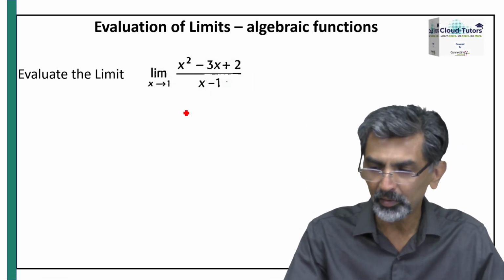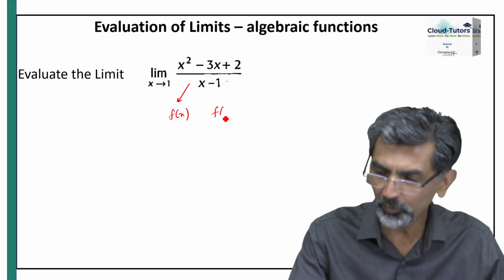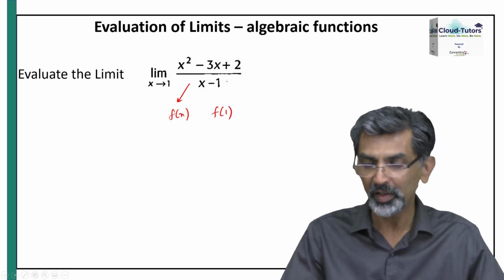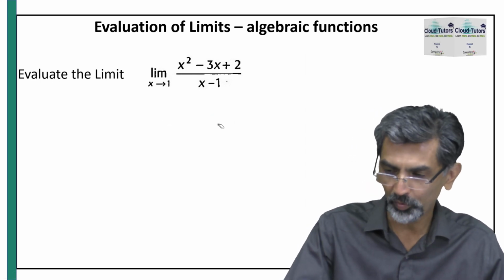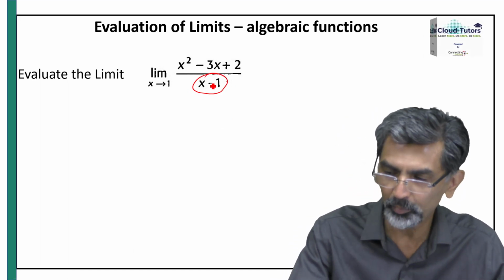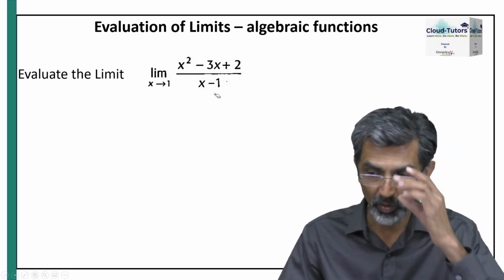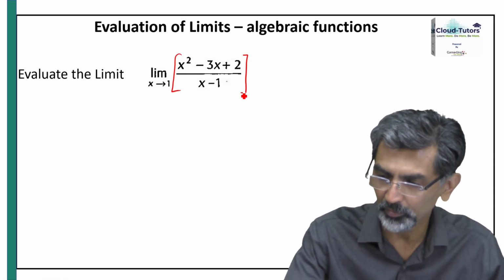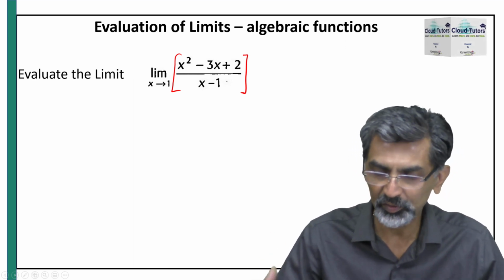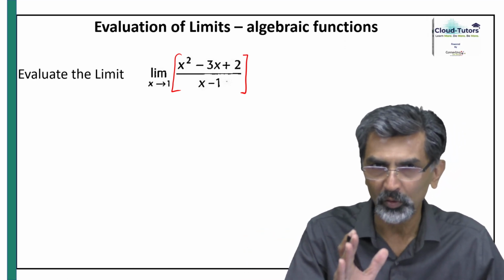So clearly, if this entire expression is f of x, we are not trying to find f of 1, because f of 1 is not defined, because the denominator becomes 0. What we are trying to find in this exercise is what is the value of this expression as x gets closer and closer to 1, but never equal to 1.